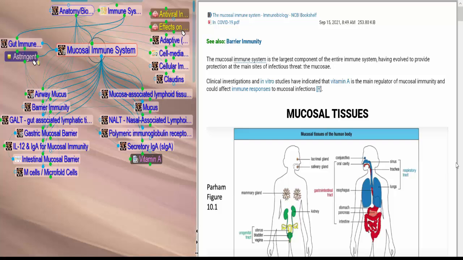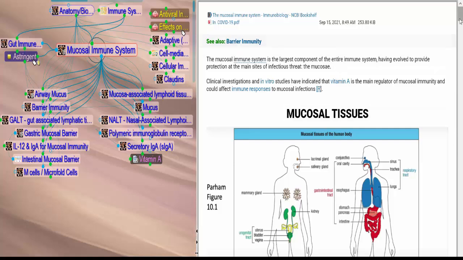It's evolved to provide protection at the main sites of infectious threat, the mucosa. Clinical investigations and in vitro studies indicate that vitamin A is the main regulator of mucosal immunity and could affect immune responses to mucosal infections.